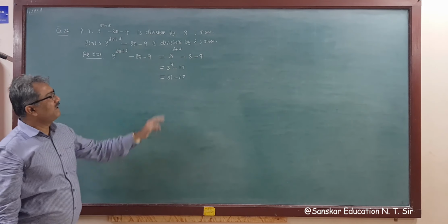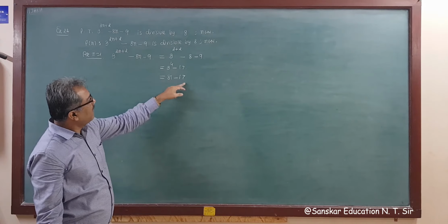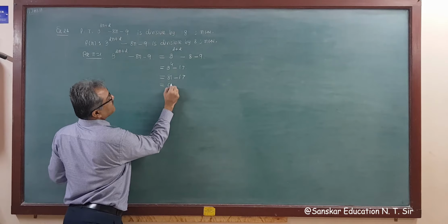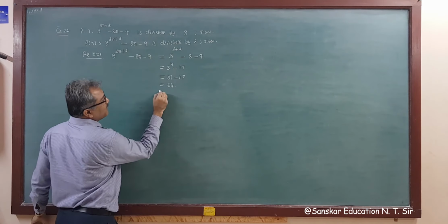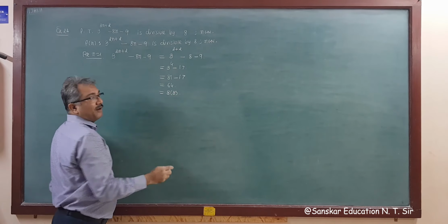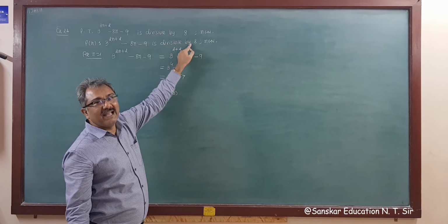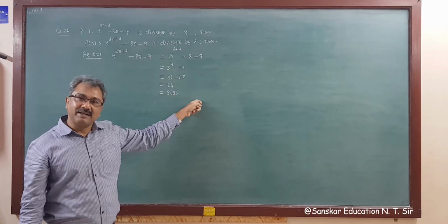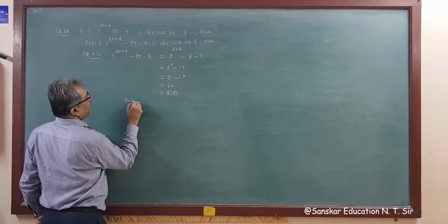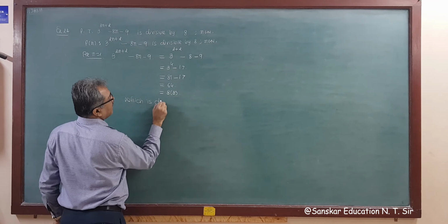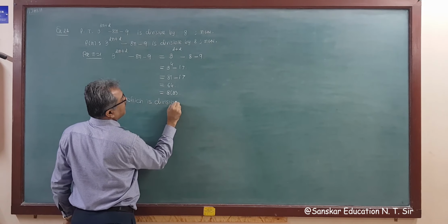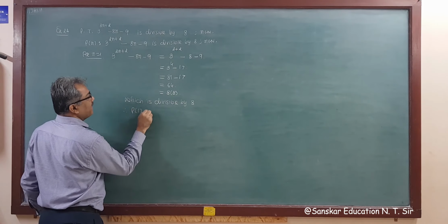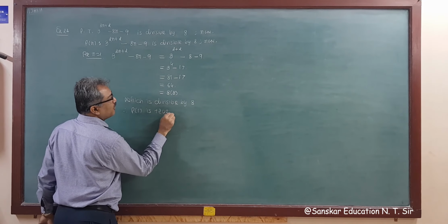So how much is this? 64. So this is 64, and 64 is 8 into 8. Our target is divisible by 8. So 8 is outside, that means this number is divisible by 8. Therefore P1 is true.